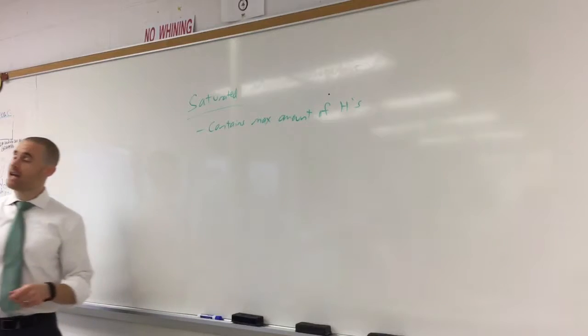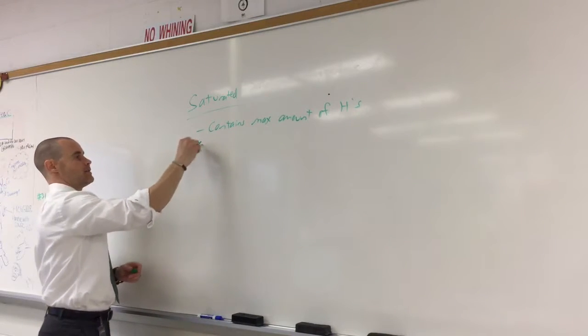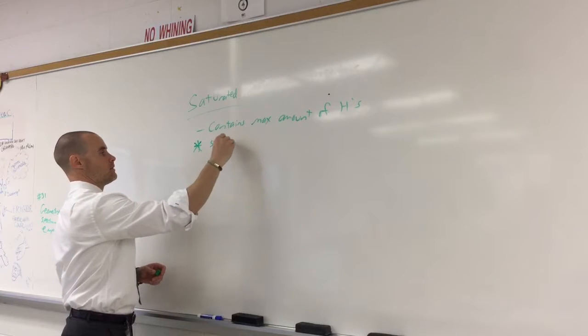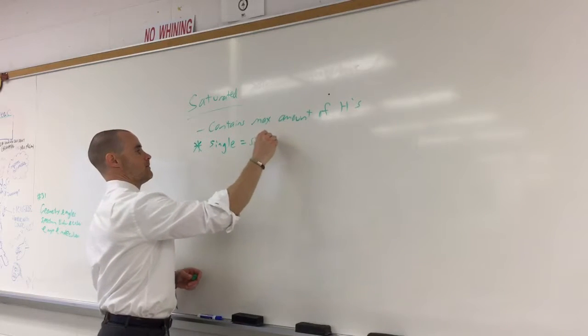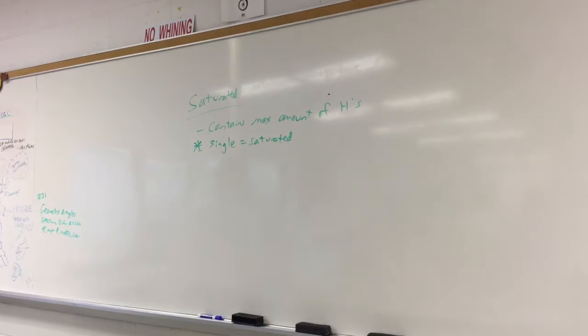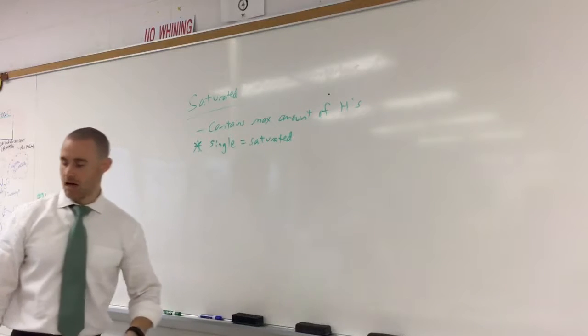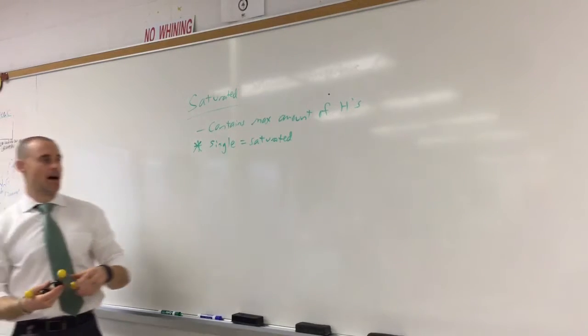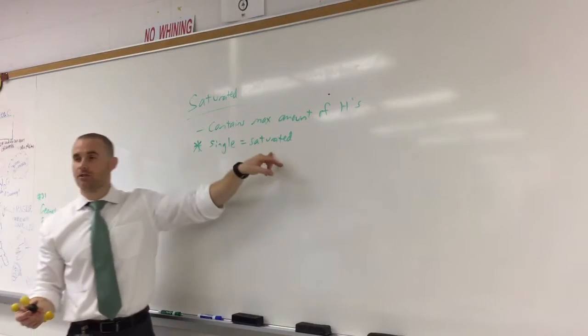And alkanes are saturated, so I'm going to write this down because this helps some students remember. Single equals saturated. If it's all single bonds, then it's saturated. It's all S's, single saturated. Single bonds mean saturated. If there's a double, which is what this spring represents, or a triple bond, then it is not saturated.